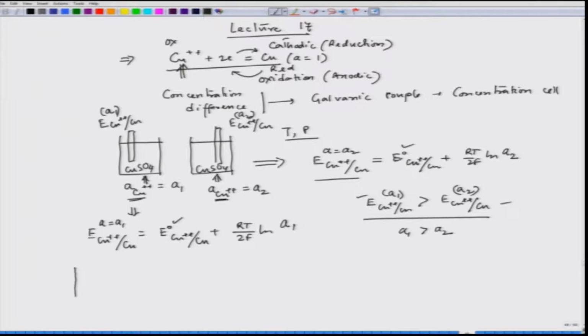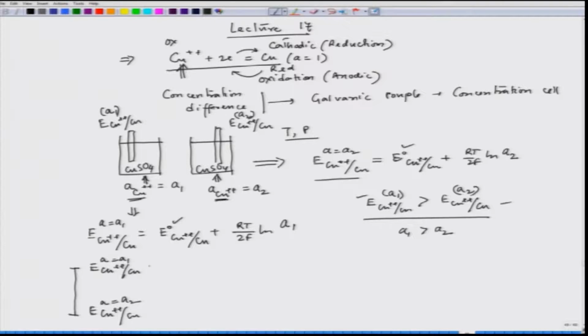Now, if we try to plot them in the series, this is E copper plus plus slash copper at A equal to A1, and this is E copper plus plus slash copper at A equal to A2.